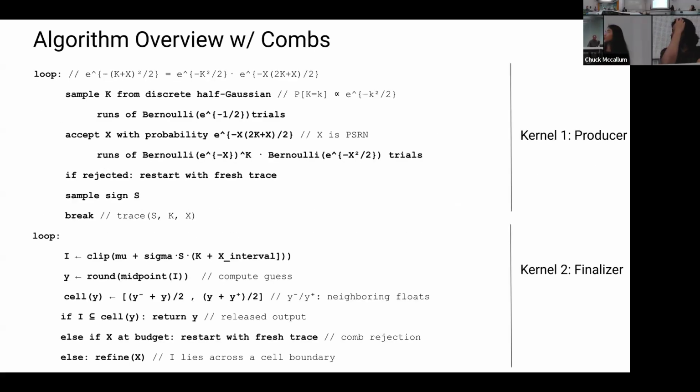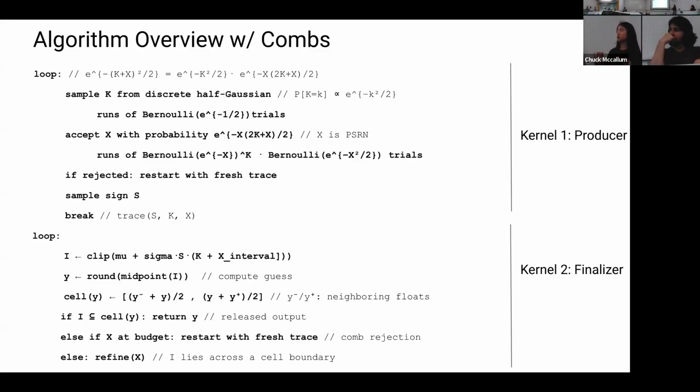This is the algorithm overview. This is the same one that I talked about in the midway presentation. Hopefully you can see, the text is a bit small, but in this first part we are producing the trace itself. We're sampling first the integer part from the discrete half Gaussian, and then sampling the fractional part.